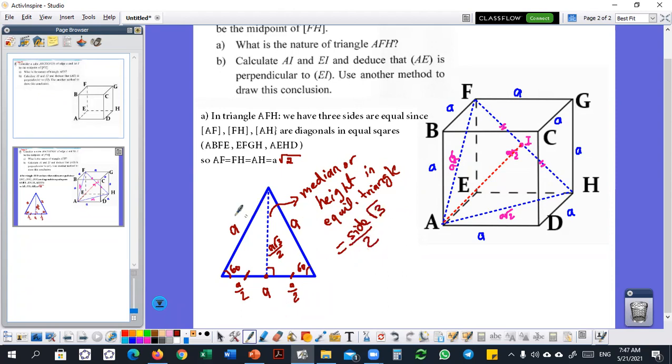For instance, the measure of this equilateral triangle is A. So the value here will be A multiplied by radical 3 and divided by 2. But now my equilateral triangle is not of side equal to A. It's very simple. All I have to do is replace.